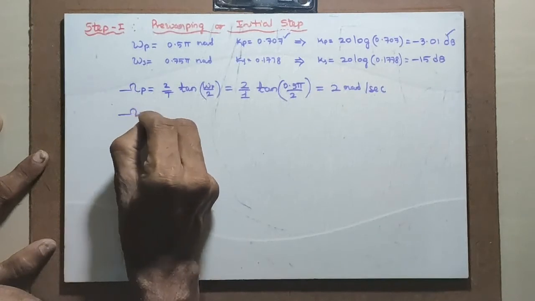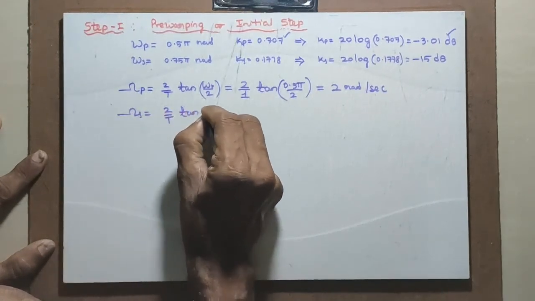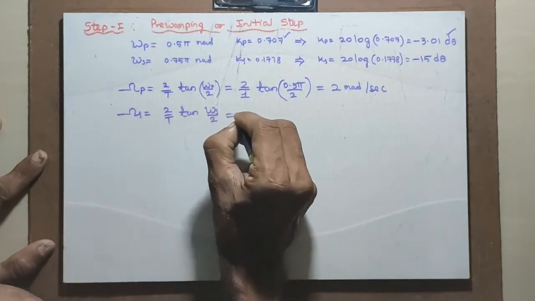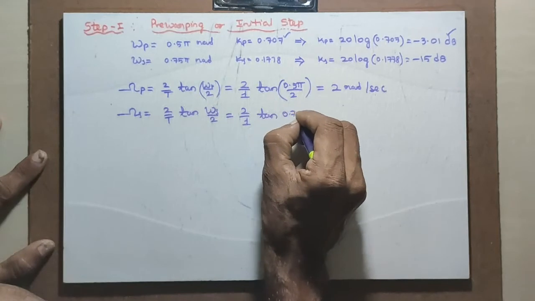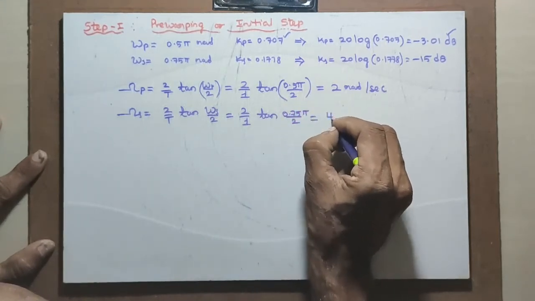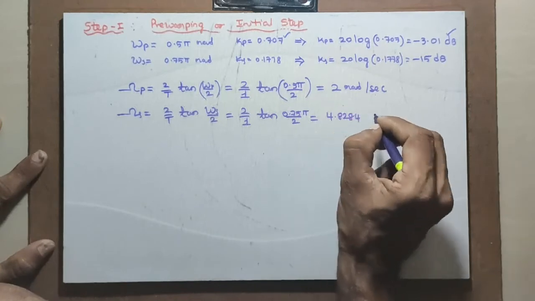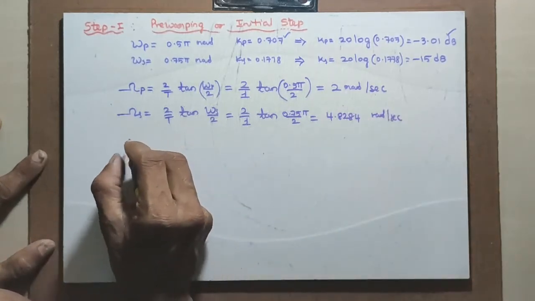Similarly, Ωs is 2 by T tan(Ws by 2), which is 2 by 1 tan(0.75 pi divided by 2), equal to 4.8284 radians per second.